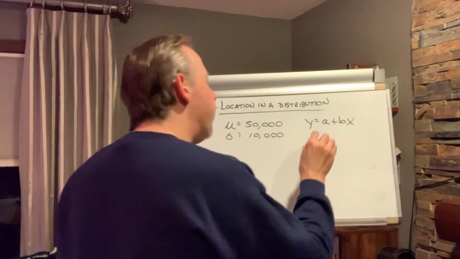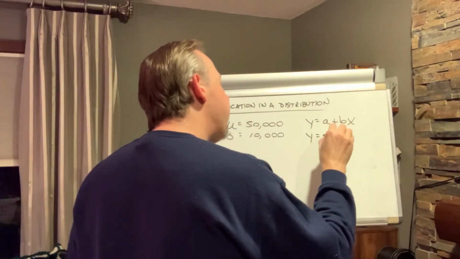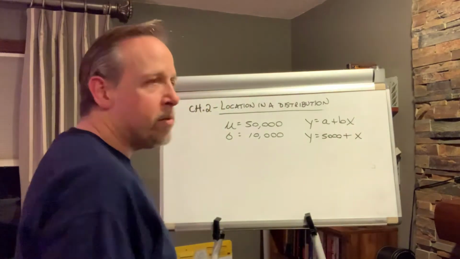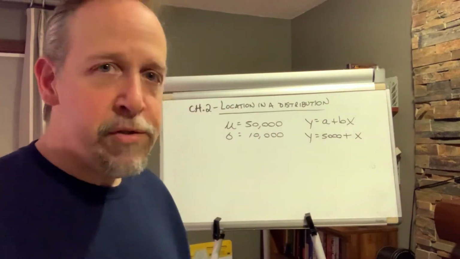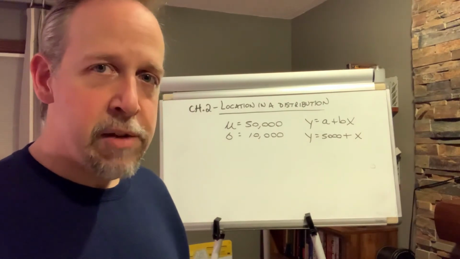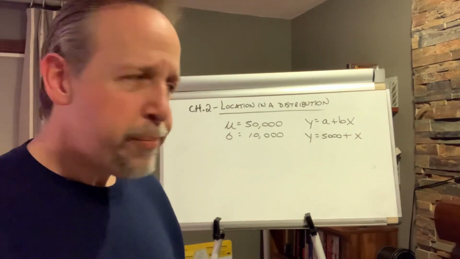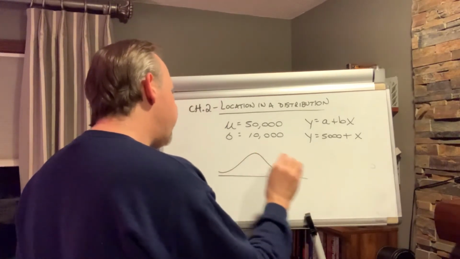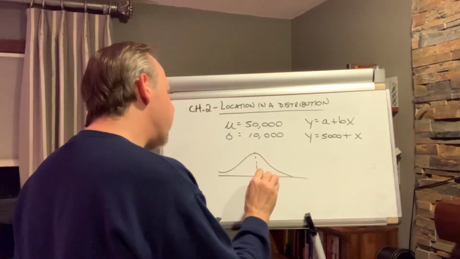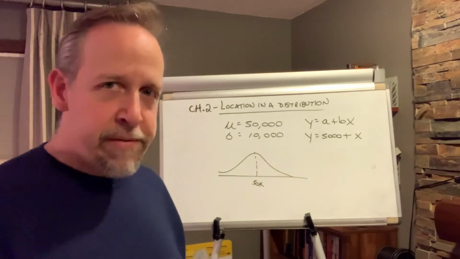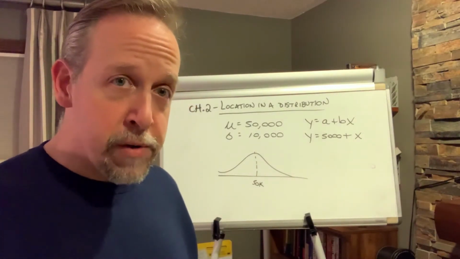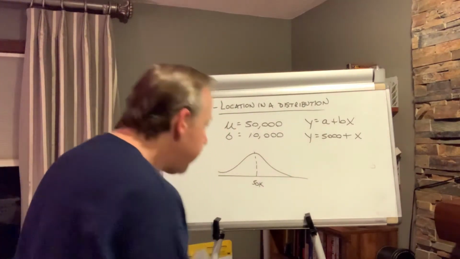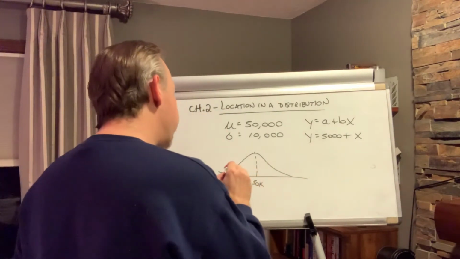So everyone's salary is going to increase by $5,000 plus their last year's salary. Well, there's my transformation of the linear data, which was salary. What's going to change? Basically, if we had a normal curve centered at $50,000, and I give everyone a $5,000 raise, what's the new curve look like? Well, it's going to shift forward by $5,000.